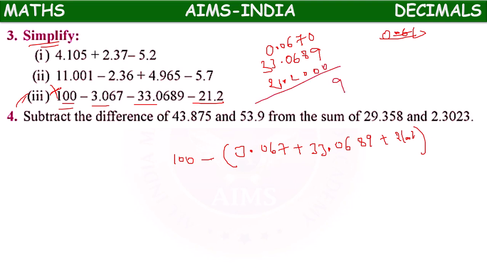So here 9, 7 plus 8, 15, 1 we will keep here, 6 plus 6, 12 plus 1, 13, 1 we can keep here, 2 plus 1, 3, 3 plus 1, 4, 3 plus 2, 5. So here 100 point. How many places are there? 1, 2, 3, 4. 100 point. We can take 4 zeros. What is this value?